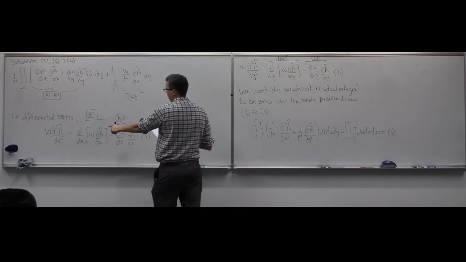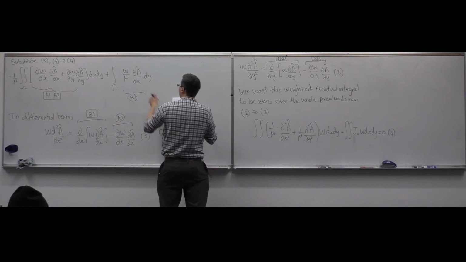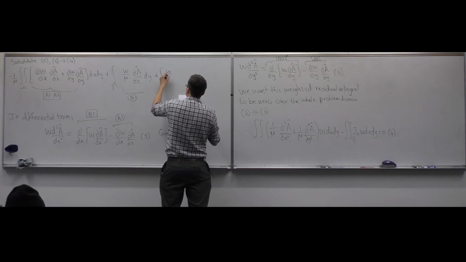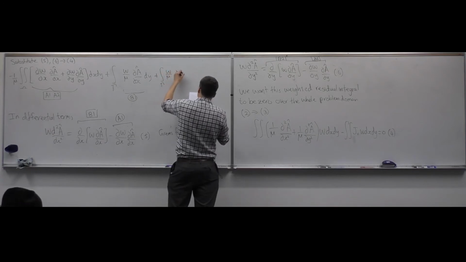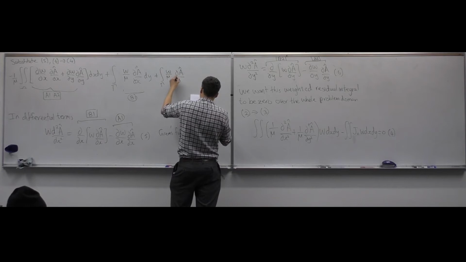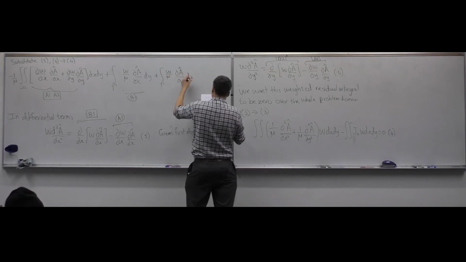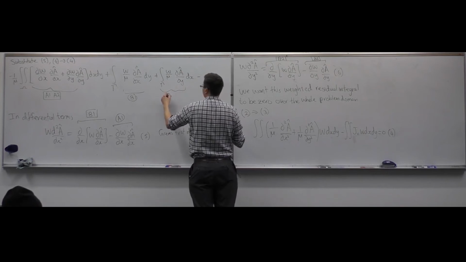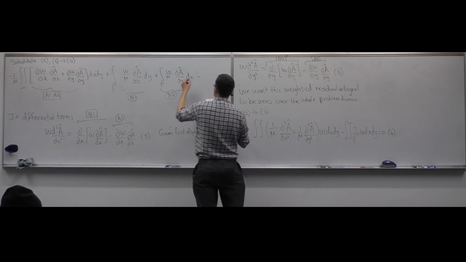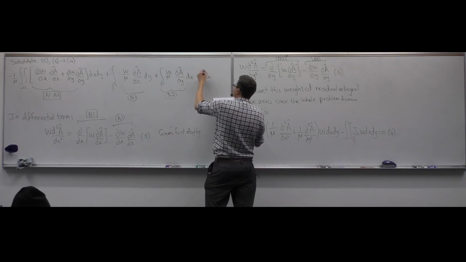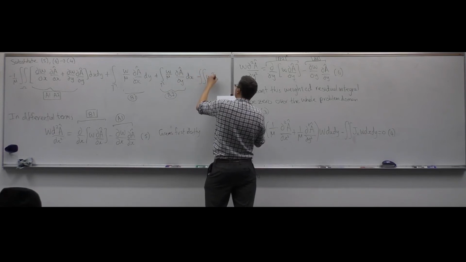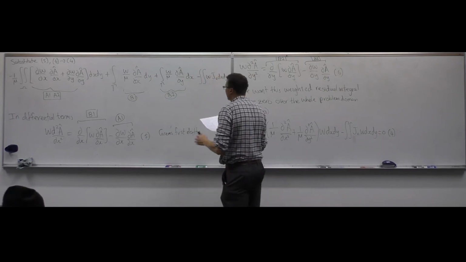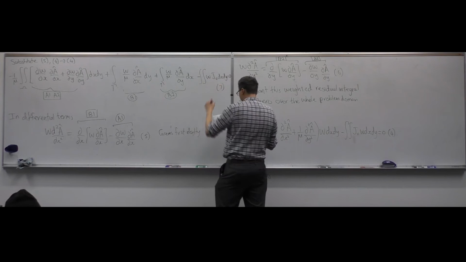There's no del x, and then plus the second term, w over mu, del A over del y, dx, like that. So this is B2, and then we've got the current, J naught dx dy, and that is all equal to 0. So that's equation 7.